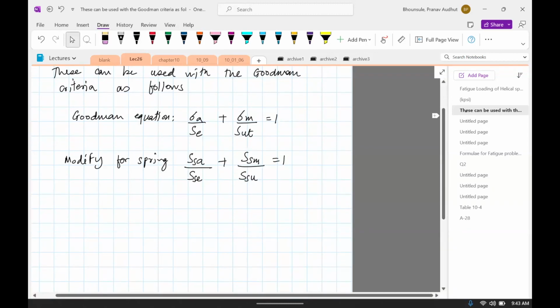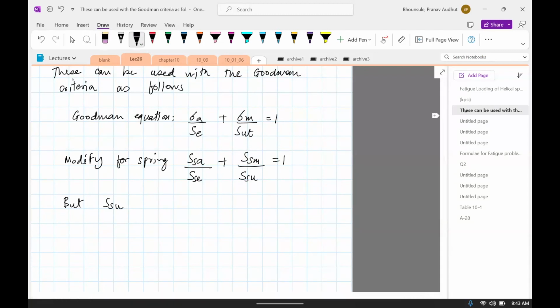Now there's an empirical formula for SSU. The ultimate strength of a spring is 0.67 SUT. This is again an empirical thing. This was probably covered in the chapter on shafts, where we had this formula. So it's something we know from experiments.